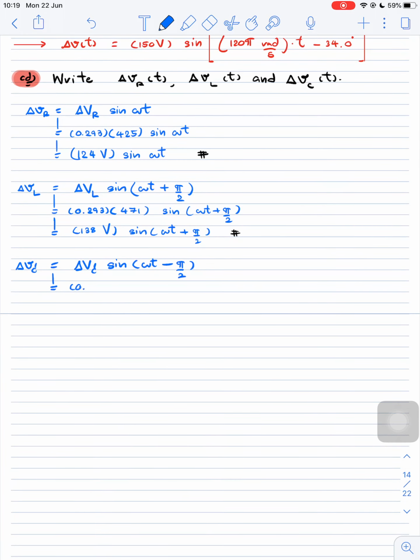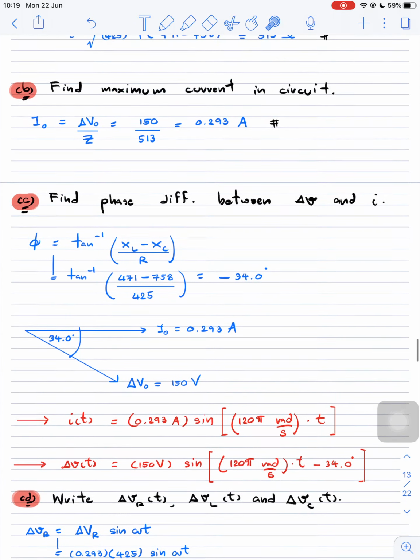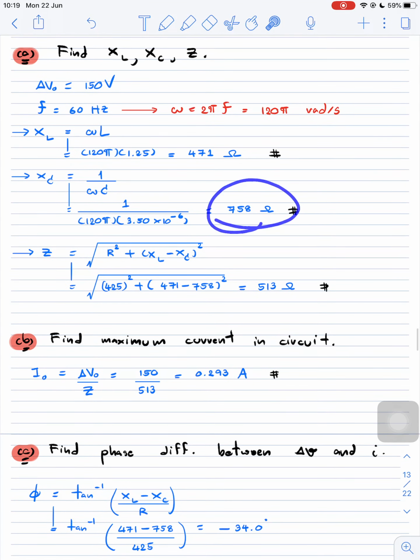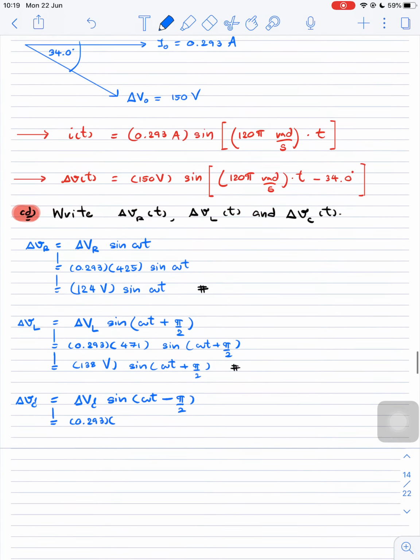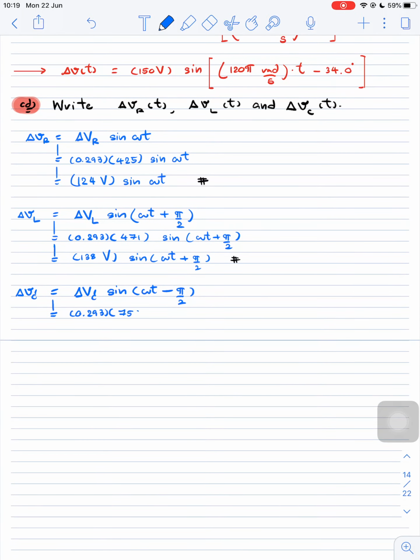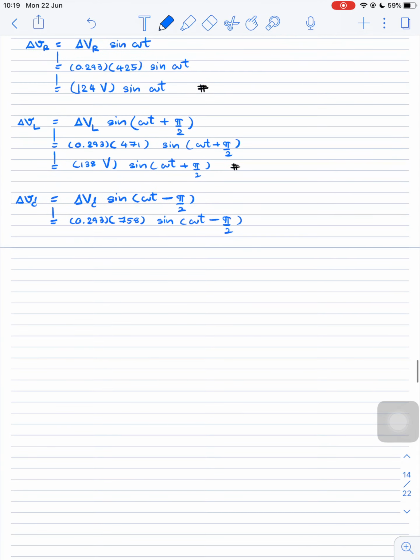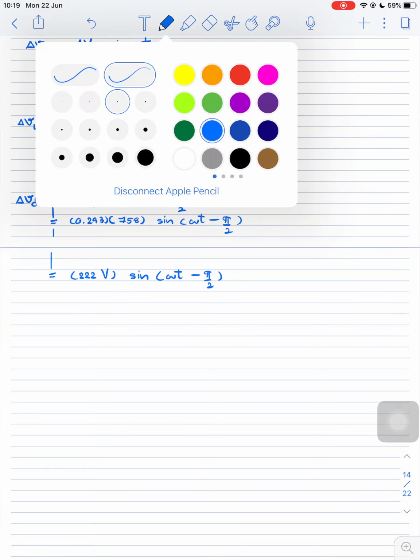I naught is just 0.293 and XC is equal to 75x ohm, times the sine of omega t minus pi over 2. So the answer is 222 volts times the sine of omega t minus pi over 2.